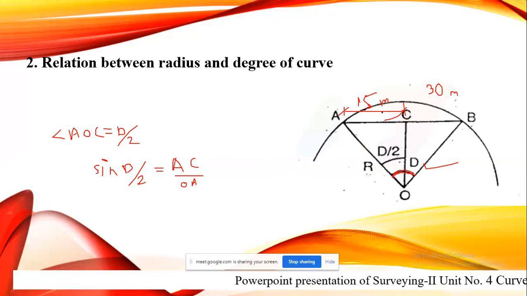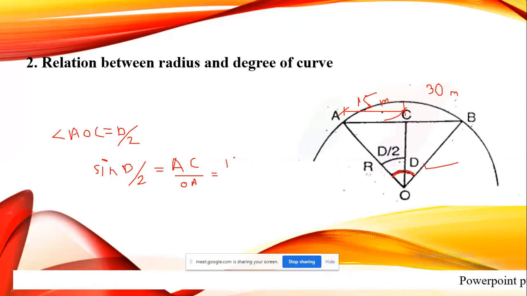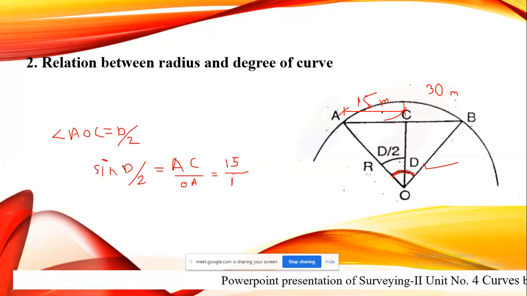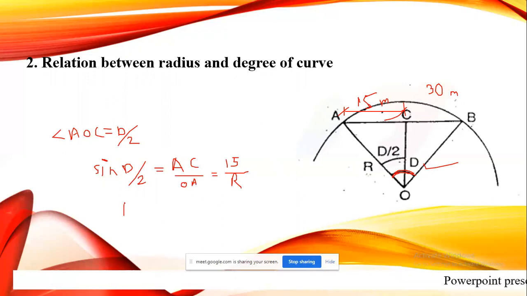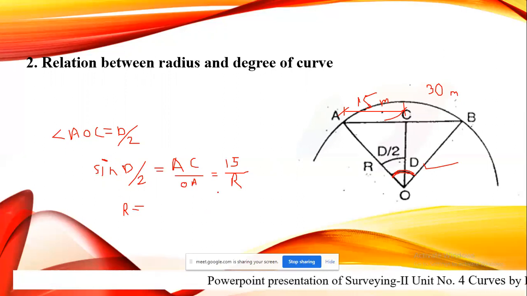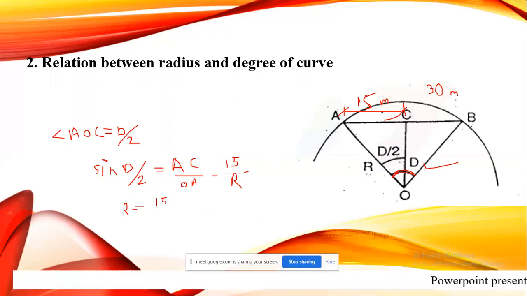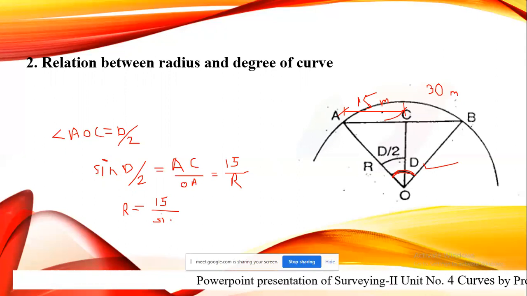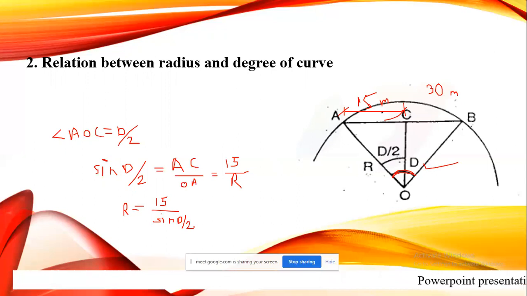AC we know is half of the unit chord, so that is 15 meters, and OA is nothing but R, the radius of curve. In order to find the relation with the degree of curve, I'll transfer D by 2 to the bottom and R to the left hand side. So the equation becomes R is equal to 15 divided by sine of D by 2.